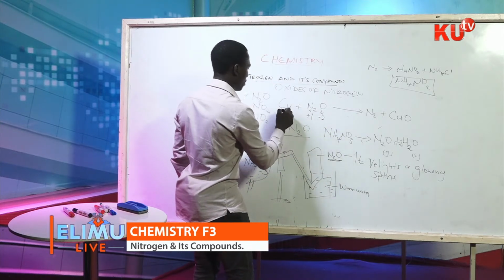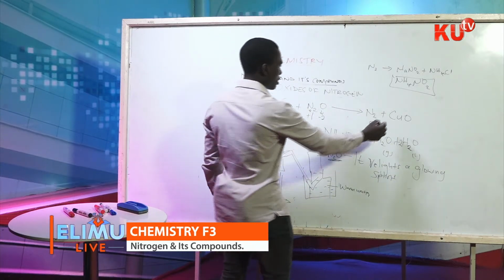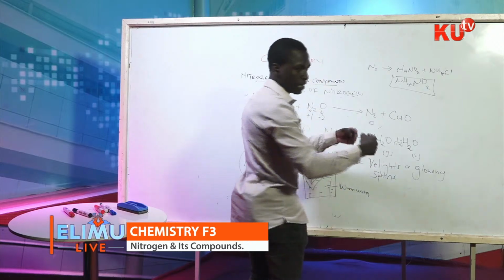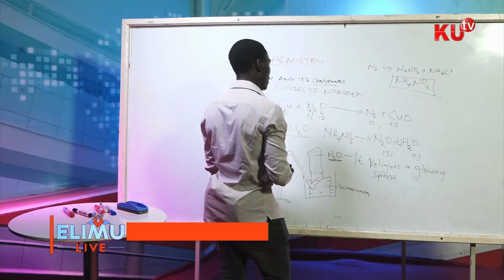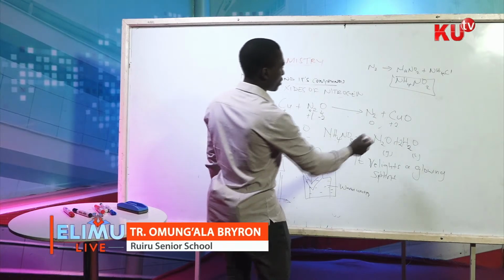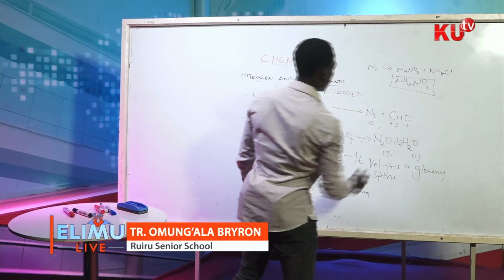Now here, the oxidation number of nitrogen is 0. The oxidation number of copper here, because it's in a compound, will be +2. And the oxidation number of oxygen here, because it's also in a compound, will still be -2.